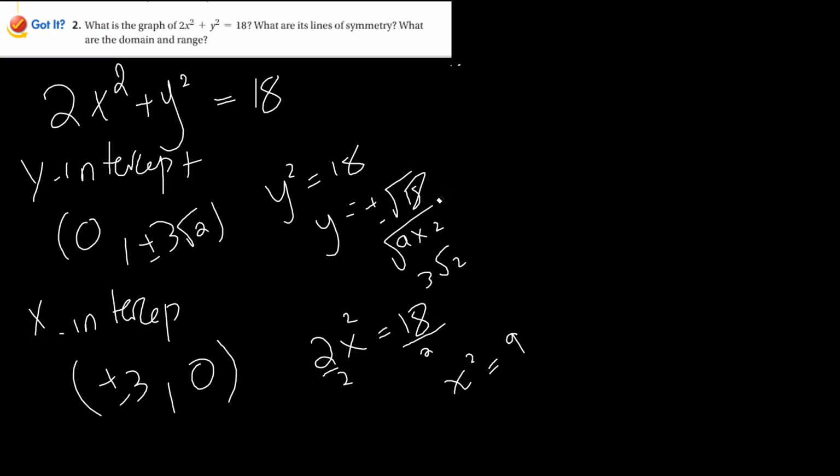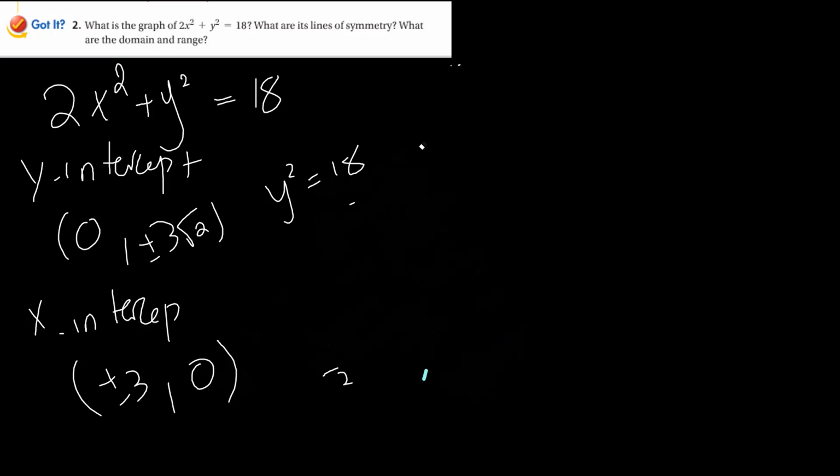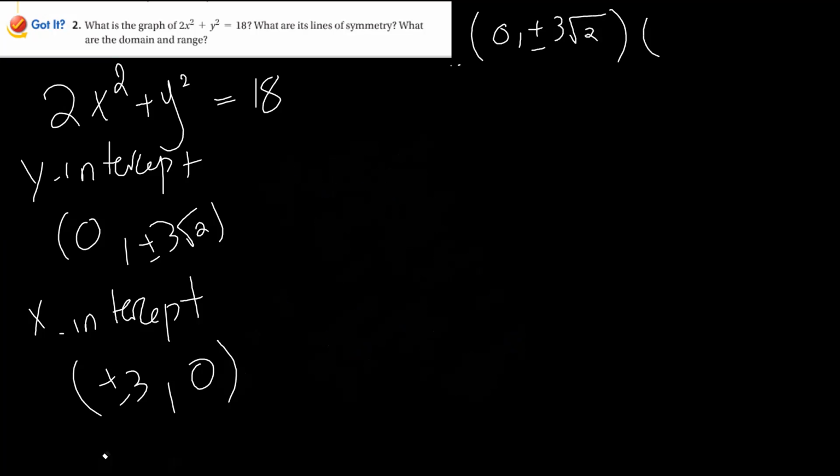So now I found the x-intercept and the y-intercept. Now after that, I have now the points are (0, positive negative 3 square root of 2) and (positive negative 3, 0).